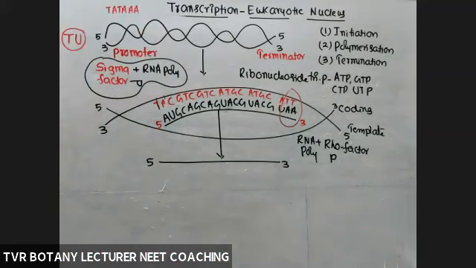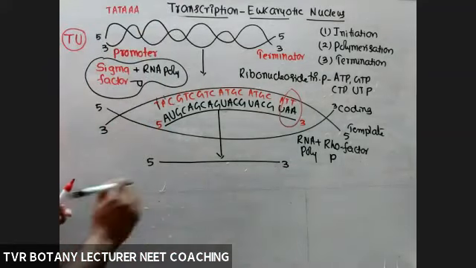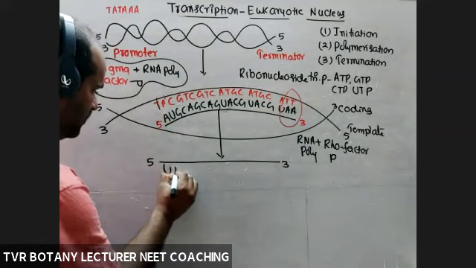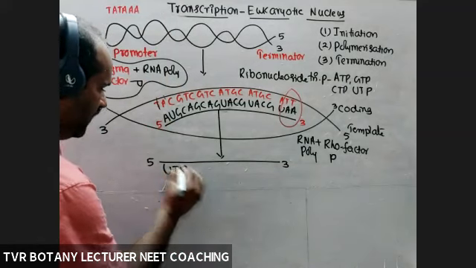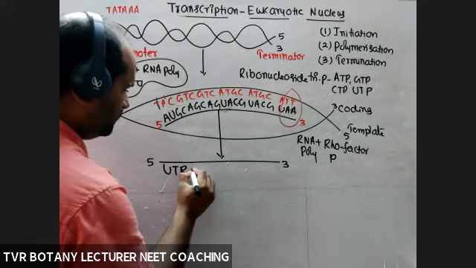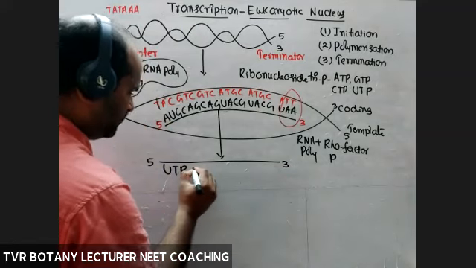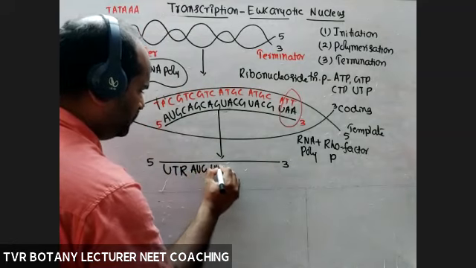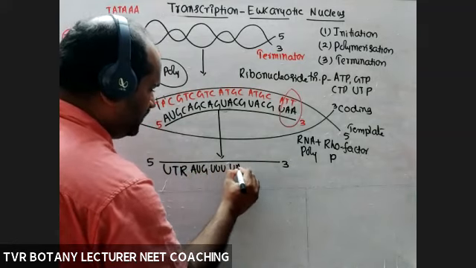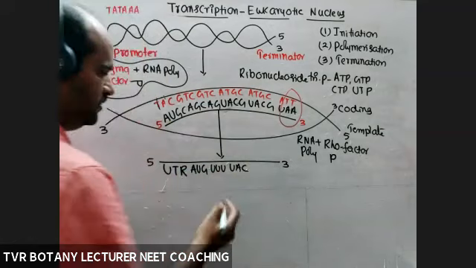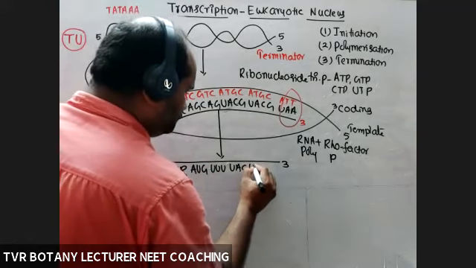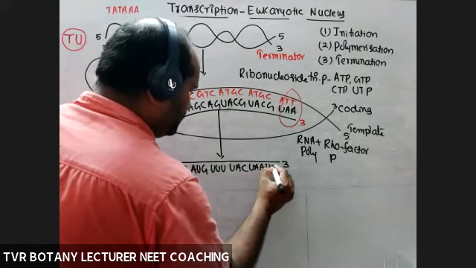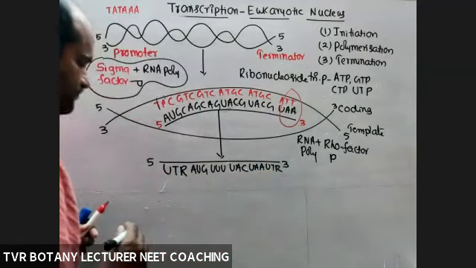So now, what are the regions present in this one? Initially, UTR, then a number of codons are present. Roughly, I'm taking AUG, U, a certain number of codons. Nonsense codon, UTR.